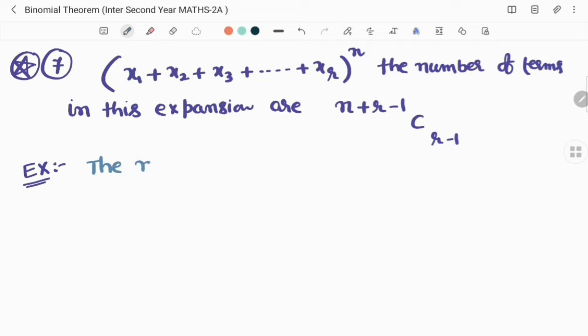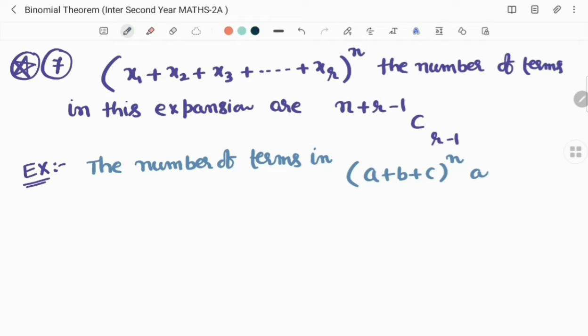The number of terms in (a plus b plus c) whole power n. Here, how many terms are there in this? 3 terms are there.